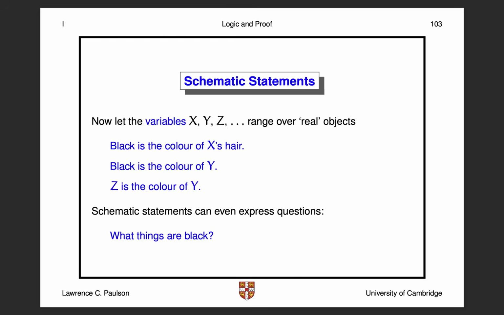And as I already said, we normally do not work with questions. But if we have a statement, "black is the color of Y", and prove this statement while exhibiting a particular thing for Y, then we have answered that question.